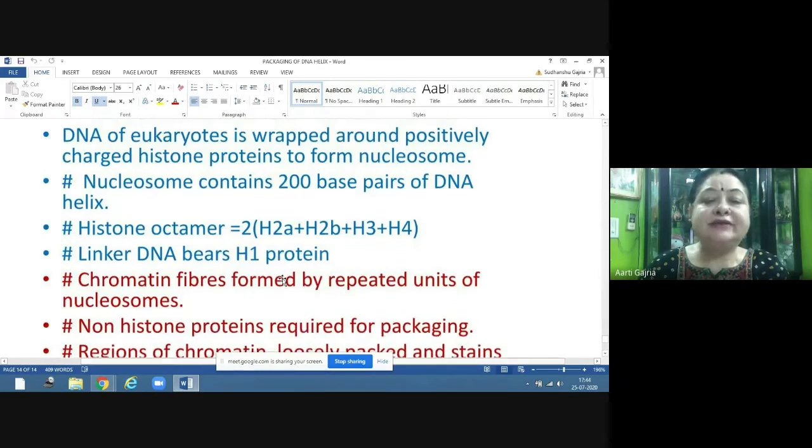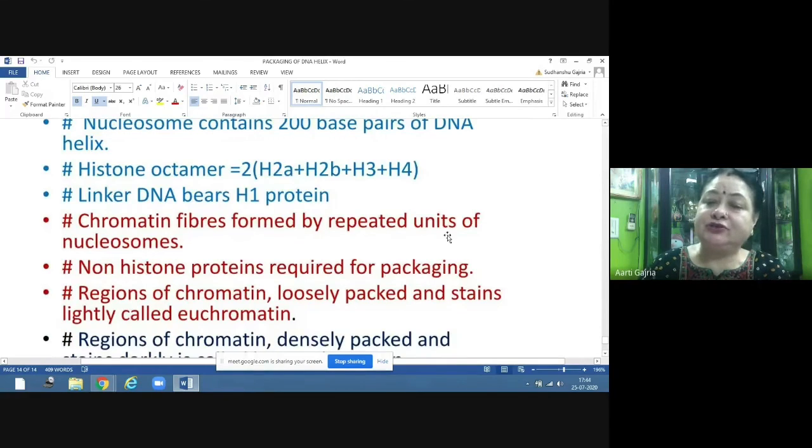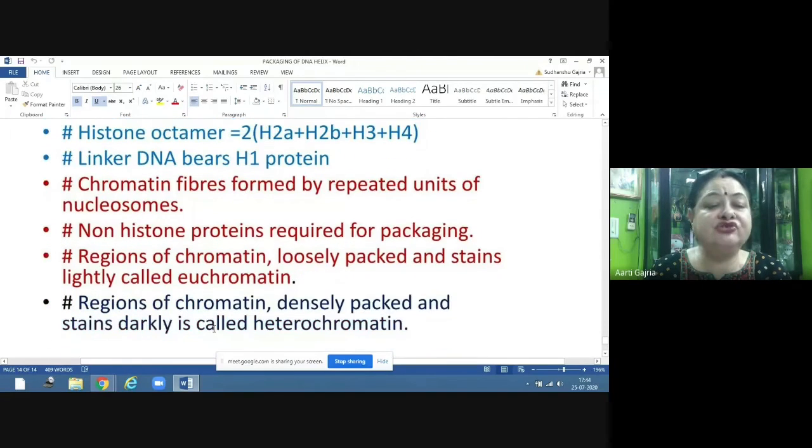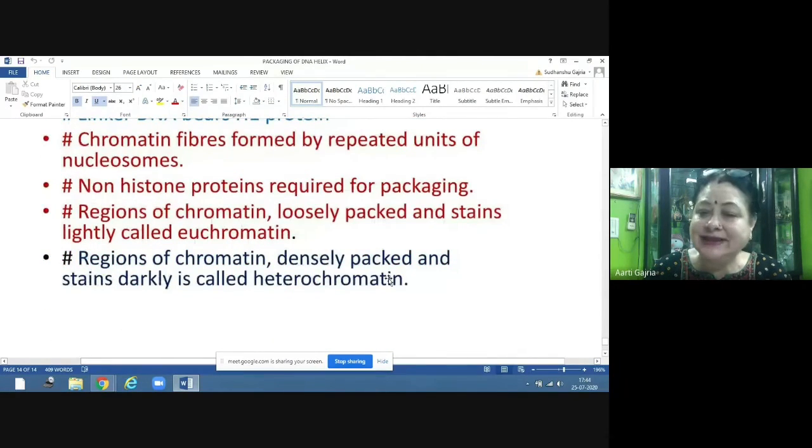Chromatin fibers are formed by repeated units of nucleosomes. Non-histone proteins are also required when the higher level of packaging is done. Regions of chromatin that are loosely packed and stain lightly are called euchromatin, and regions that are densely packed and stain darkly are called heterochromatin.